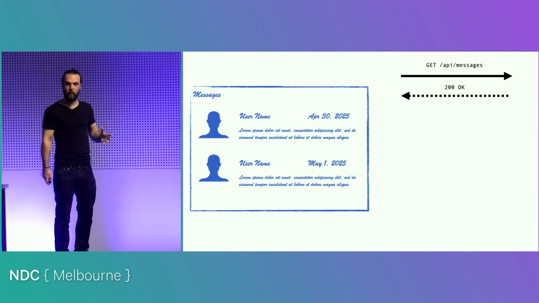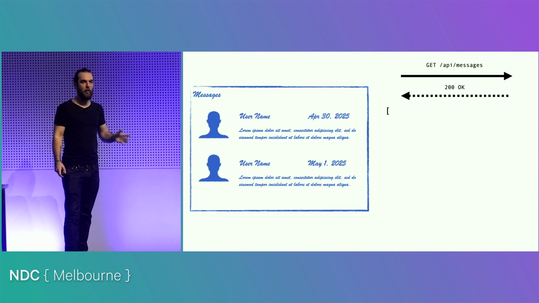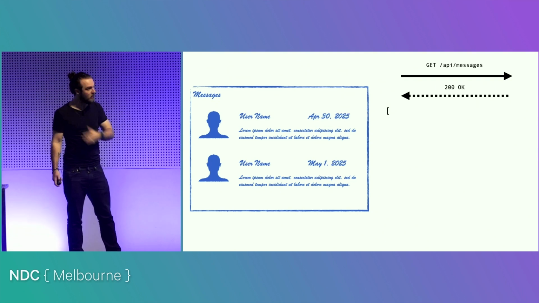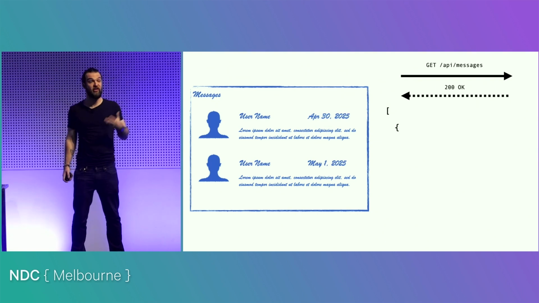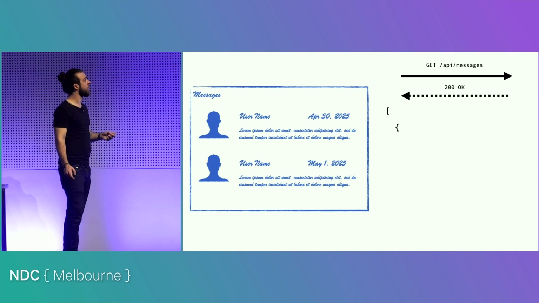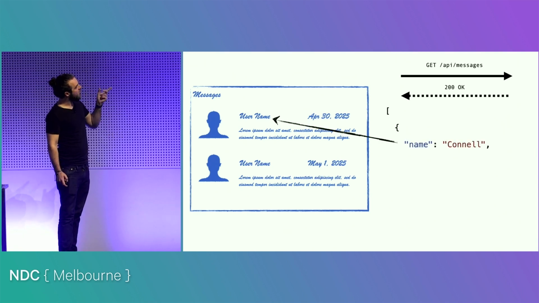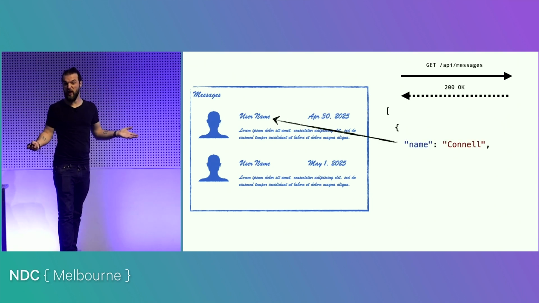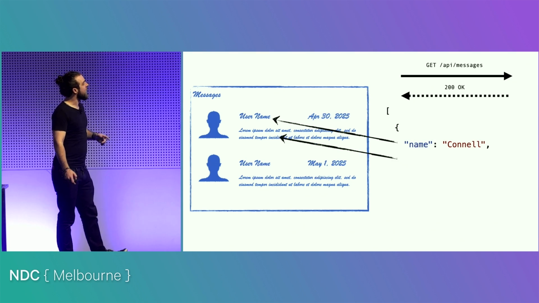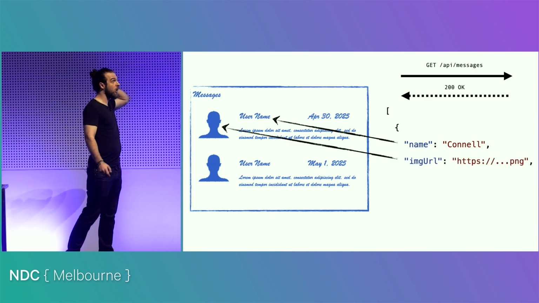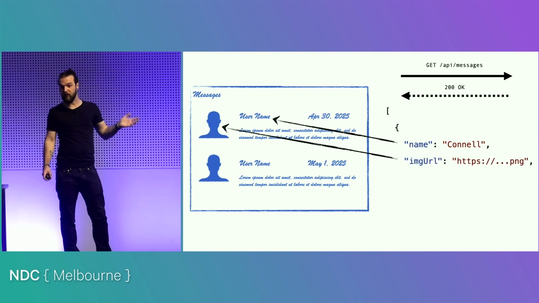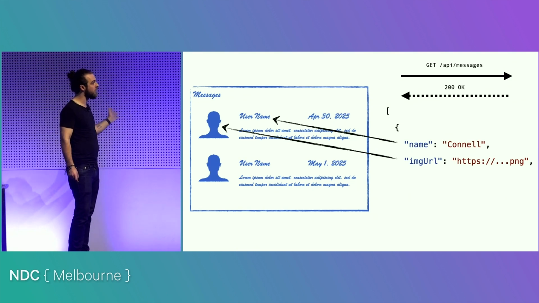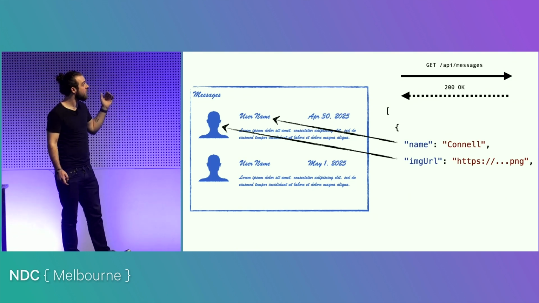So what does our JSON response look like? Well, square bracket, it's an array. One for each message. So each message is an object, so squiggly brace. And then we need the username, so just a string, going to be in our JSON. We need the picture, so just a URL to your avatar, so whatever.png, .jpeg, .gif, insert your favorite image format here.